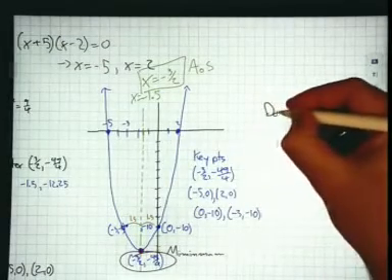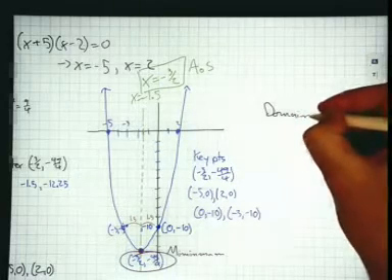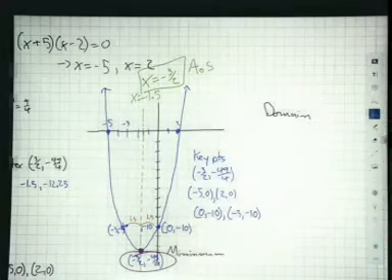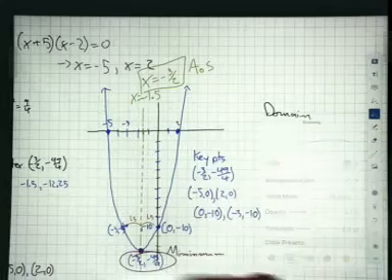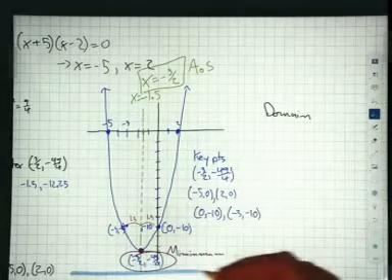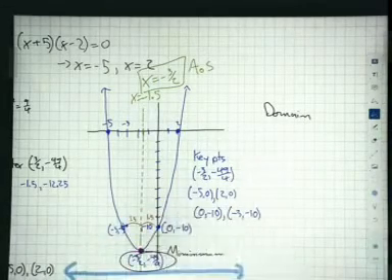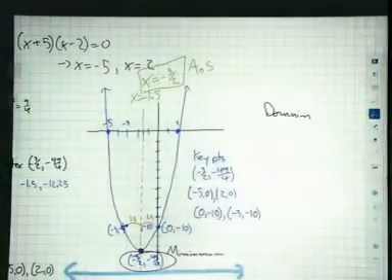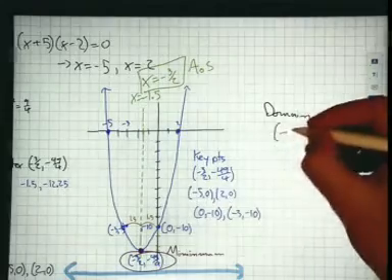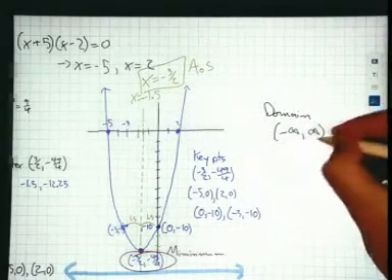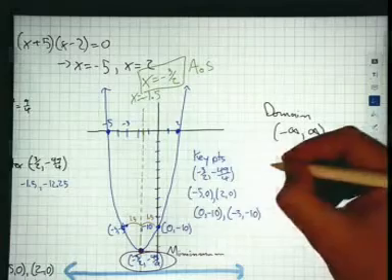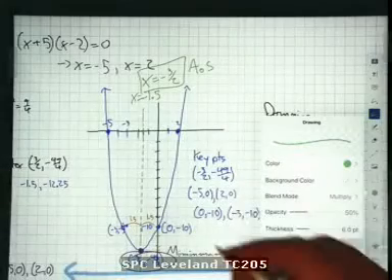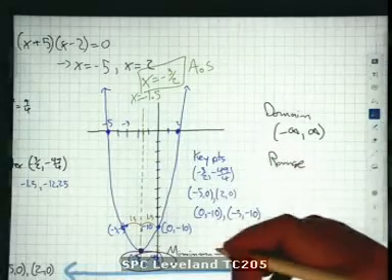What is our domain? Our domain is all the x values that we can see on this graph. So since our graph keeps going up and up and up, and also farther and farther this way, our domain is everything from negative infinity to positive infinity. But our range only goes starting down right here.